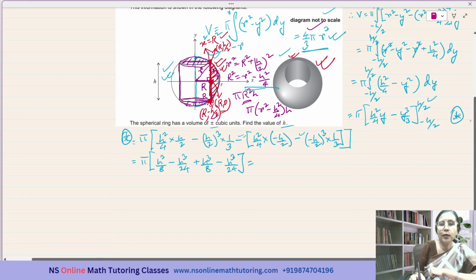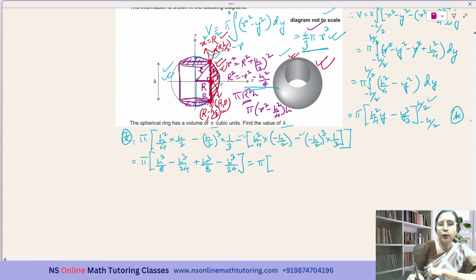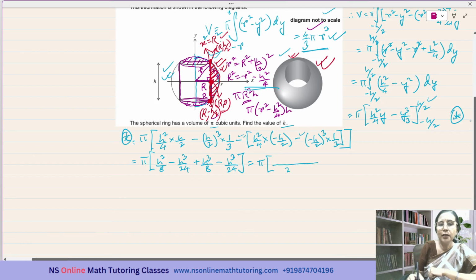so this is equal to pi. I'm taking 24 as the common denominator, and it is 3h cube and minus h cube plus 3h cube minus h cube, and this should be equal to pi given.